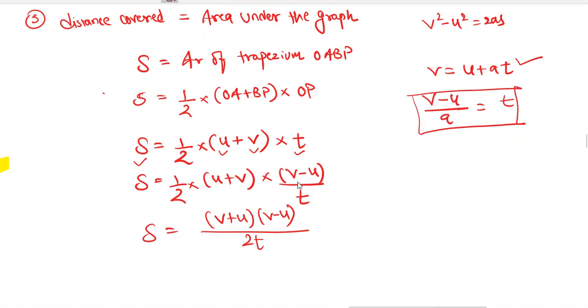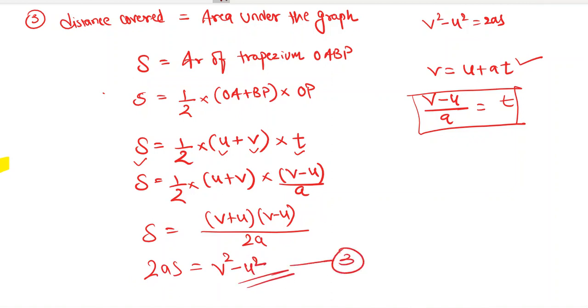There is no T, it is A. I'm sorry for that. Now I'm going to shift this 2A to the other side. It will become 2AS is equal to V square minus U square. Got it? That's my third equation of motion. Simple. V square minus U square is equal to 2AS.